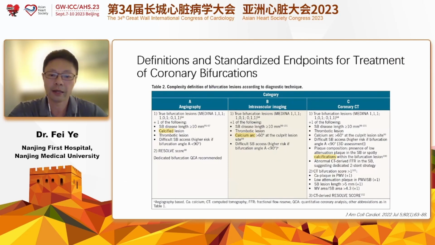In another paper published in 2022, EBC also defined the complex bifurcation lesion from the angio or intravascular imaging or coronary CT. We also can find that calcified lesion is a very important risk factor for the complexity of the bifurcation.